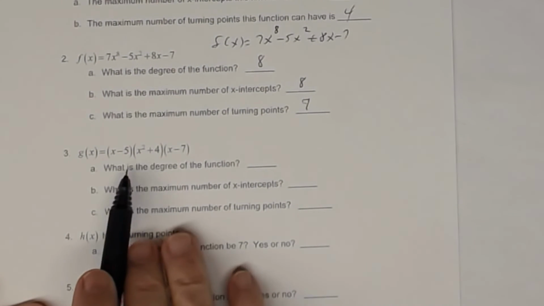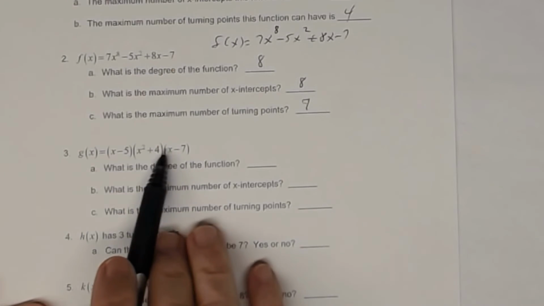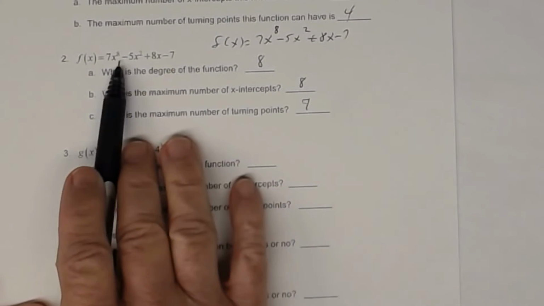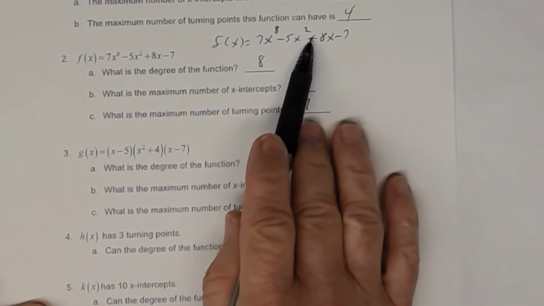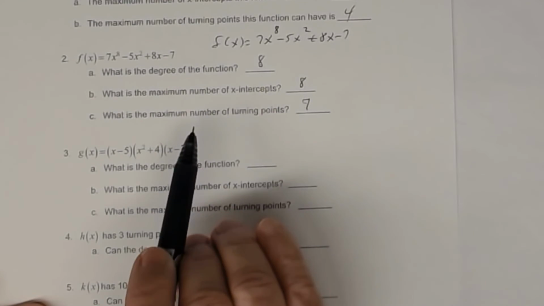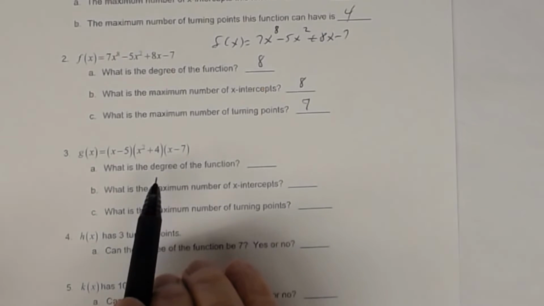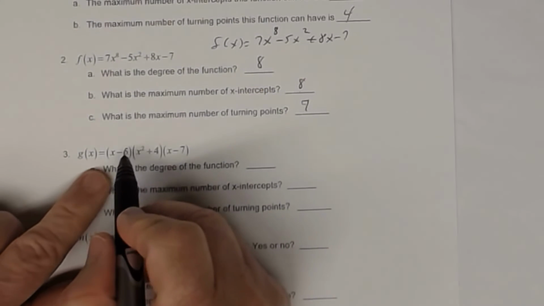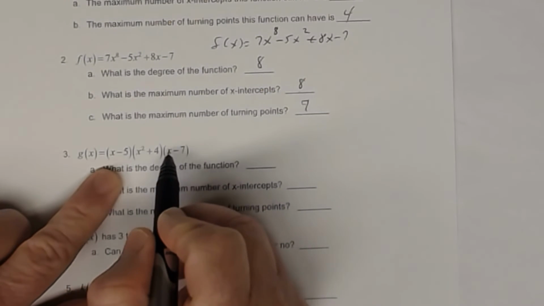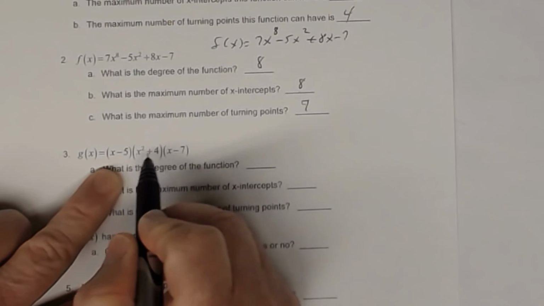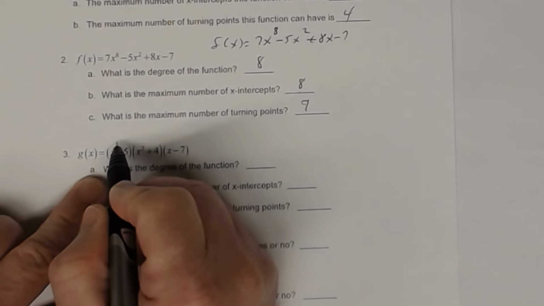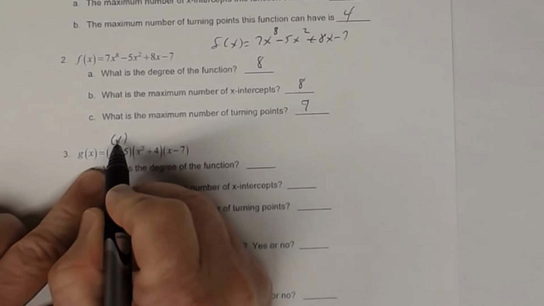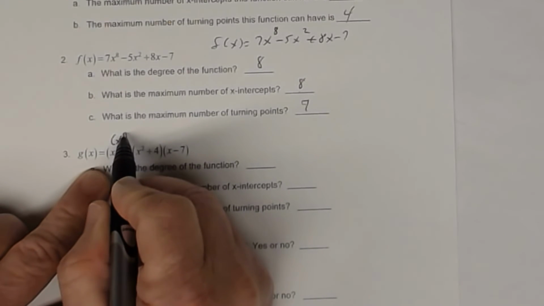Some students have trouble with this one because this is in factored form. It's not written like this. Whenever it's written as a polynomial in standard notation like this, it's easy to determine the degree. Here, it's not that easy for some students. But all you do is look at the leading term of each of those factors. If you look at this first factor, x minus 5, the leading term is x, and the degree is 1.